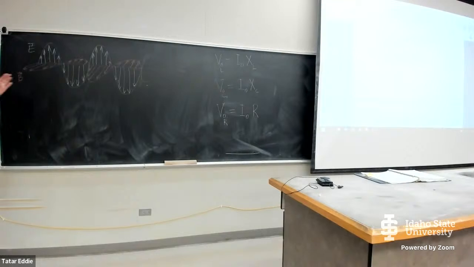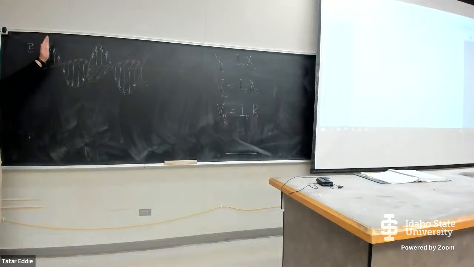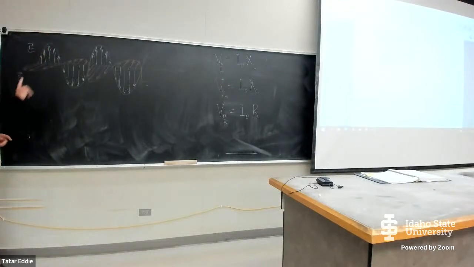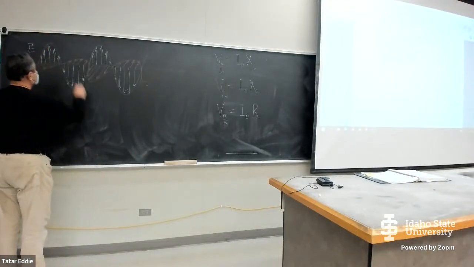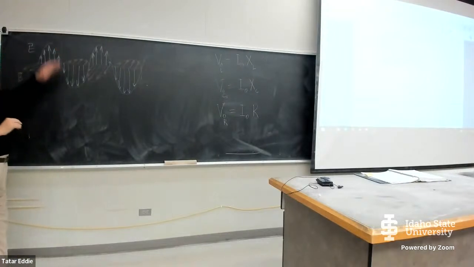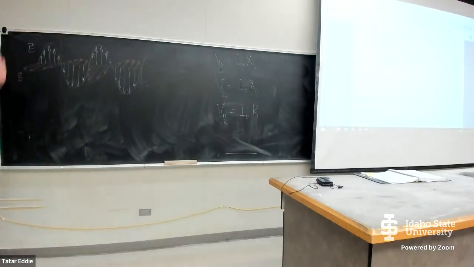It is a preferred direction for the electromagnetic wave that is drawn on the board. We say that this is the axis of polarization. The axis of polarization of this electromagnetic wave is the direction in which the electric field oscillates. So this is a polarized electromagnetic wave.